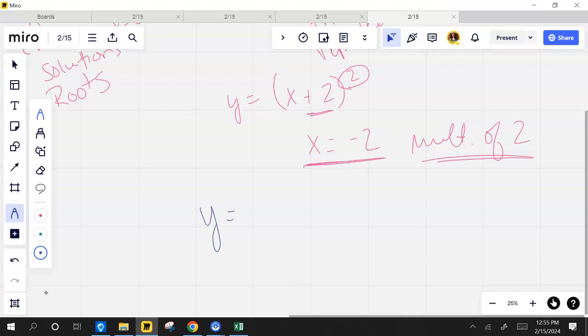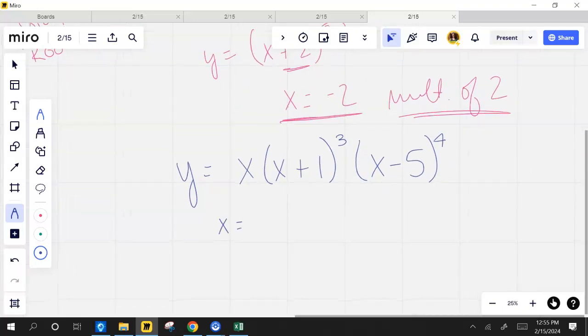So maybe if I had something like this. Let's look at this one. Tell me, what are the roots, or the intercepts, or the solutions, and what are their multiplicities? Okay, so x equals 0, multiplicity what?